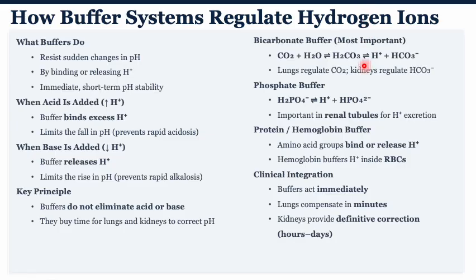Then it can turn into the hydrogen ion and the bicarbonate. Again, in this system, the lungs regulate the carbon dioxide and the kidneys regulate the bicarbonate.